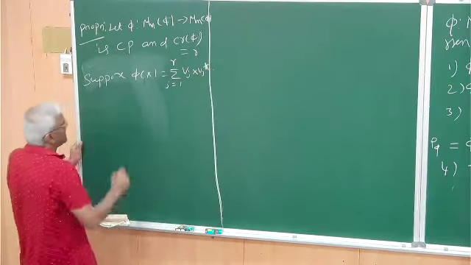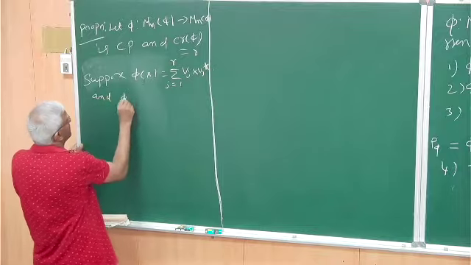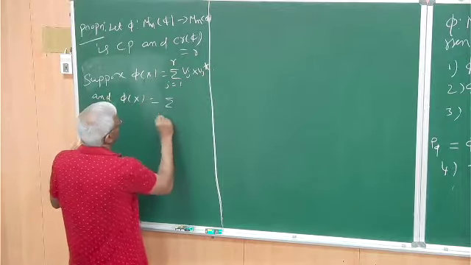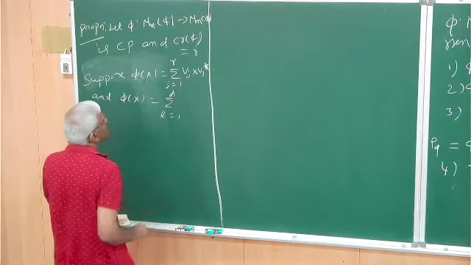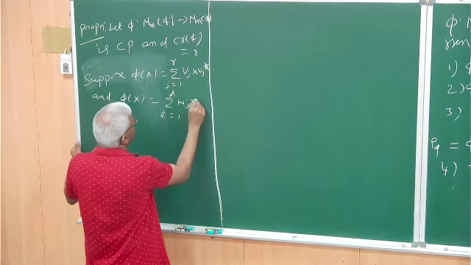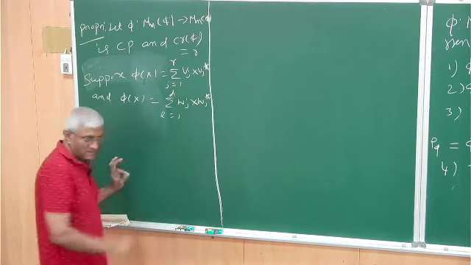And P of x is also equal to the summation l equal to 1 to some D of Wl x Wl star. You have two representations.